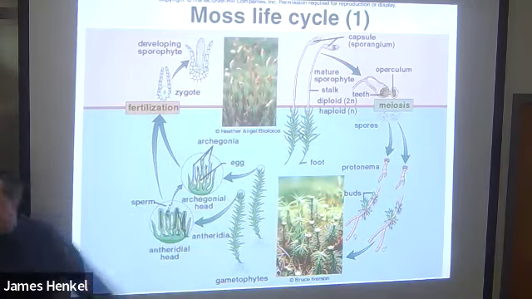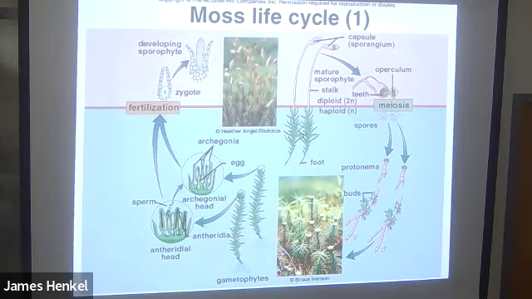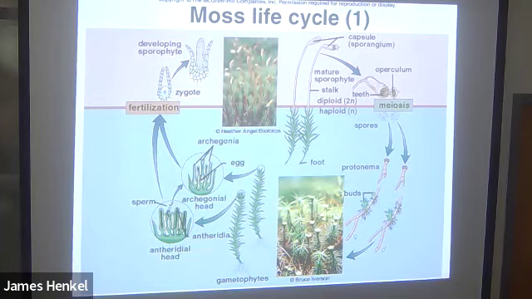And archegonium is always talking about the structure that houses and makes the egg in the gametophyte. So if you know archegonium, oh, the female egg structure. Antheridium, oh, the male sperm, if you want to call them male and female. It's just how they make their gametes.